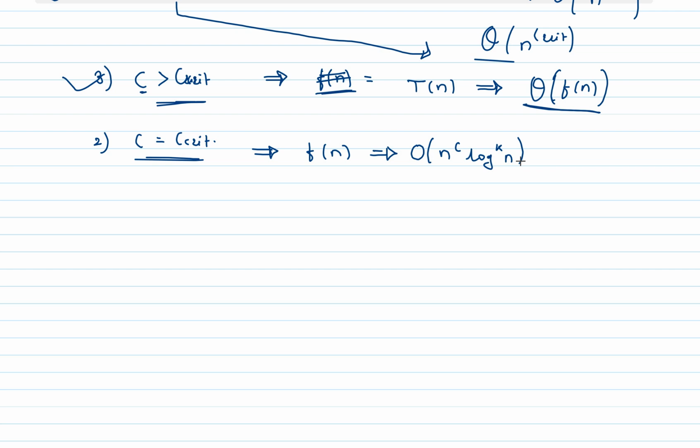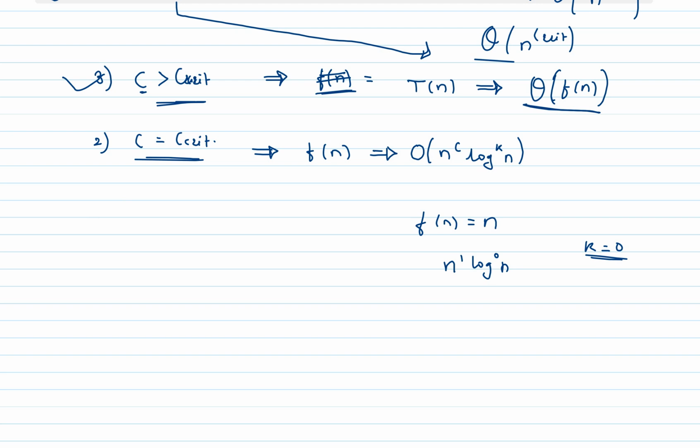So even if you have only n, f of n equal to n, then how can you write this? It is n to the power 1 into log n to the power 0. So what is the value of k? k equal to 0 in this case.